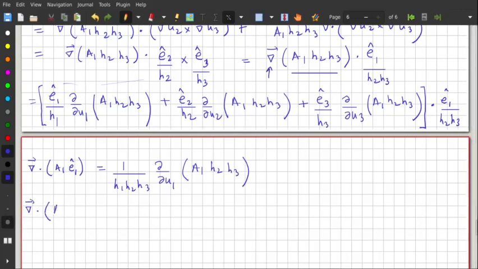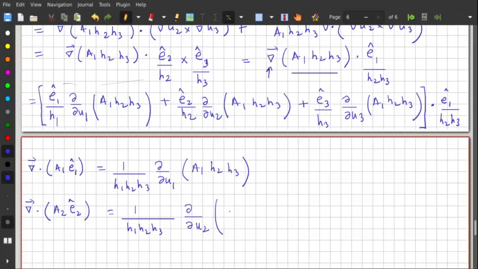For A2 E2, using the cyclic nature of things, we can write 1 over H1 H2 H3 partial U2 of A2 H3 H1, following the cycle 1 2 3, 2 3 1.